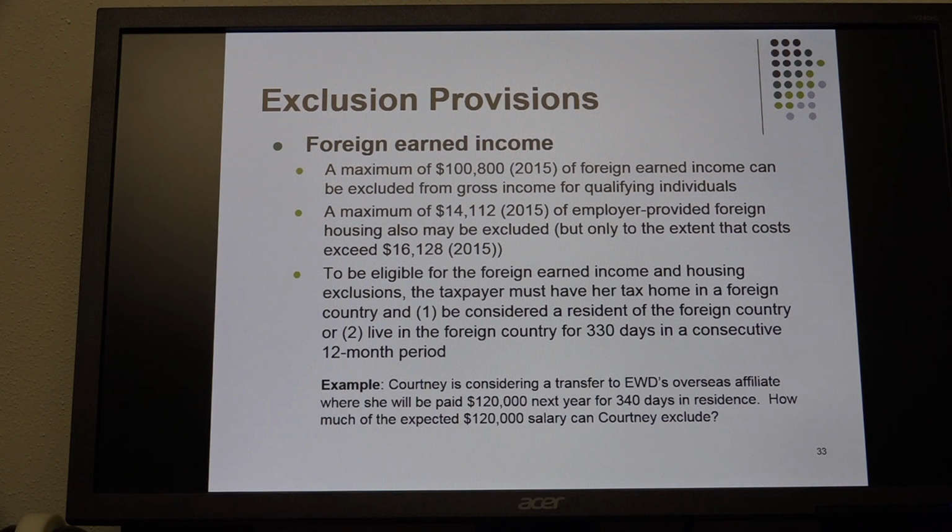You have to basically run the numbers under the three scenarios and see which is most advantageous. Is it most advantageous to the client to use the foreign earned income exclusion, or the foreign tax deduction, or the foreign tax credit? It just depends on which is best for the particular taxpayer.